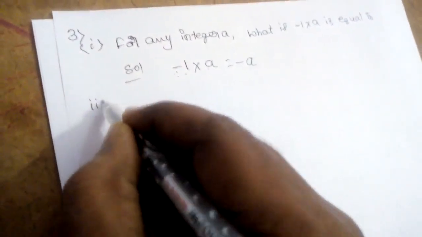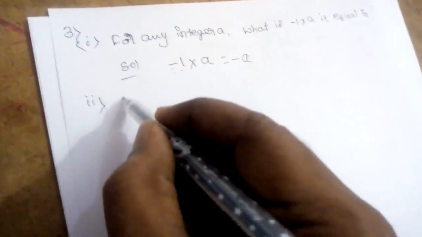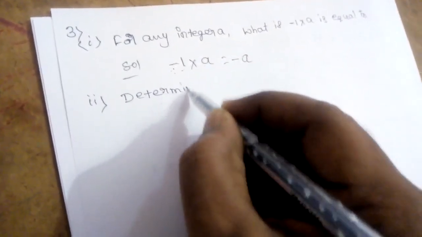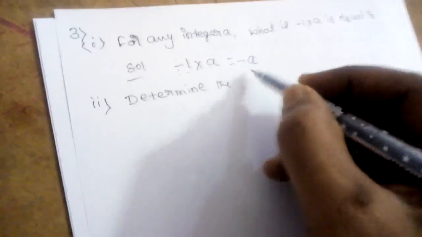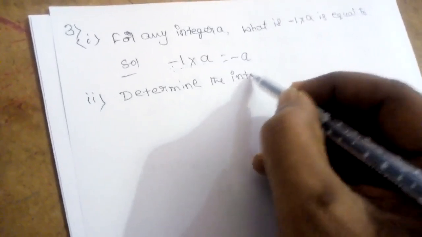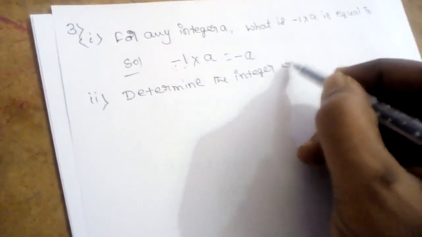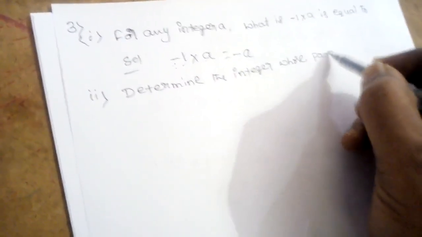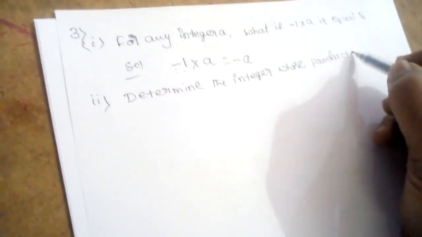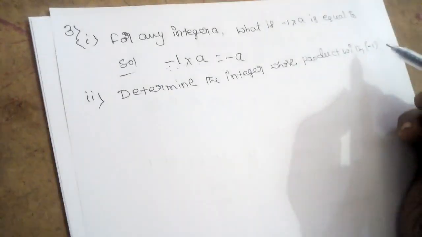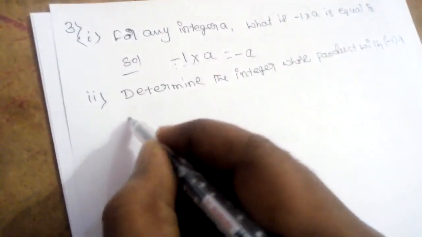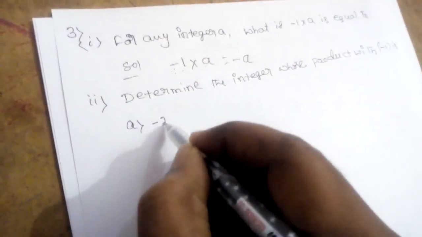Second one: determine the integer whose product with minus 1 is. So go to multiplication, each one. Here the first question is minus 22 given.